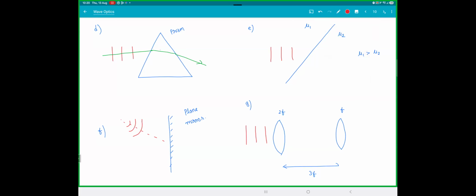So the wavefronts will become like this and they'll come out like this. Remember the deviation delta is A into (mu minus 1), something of that sort.